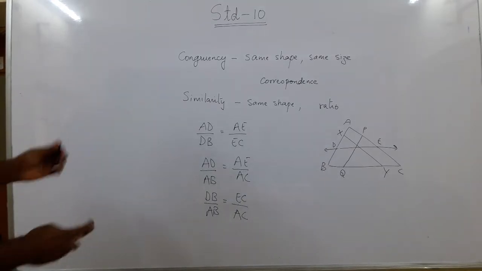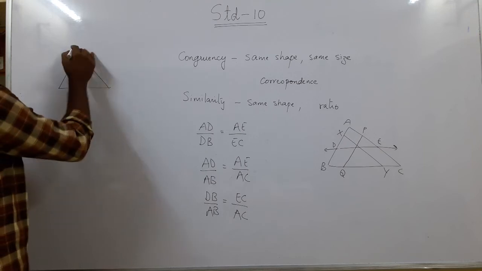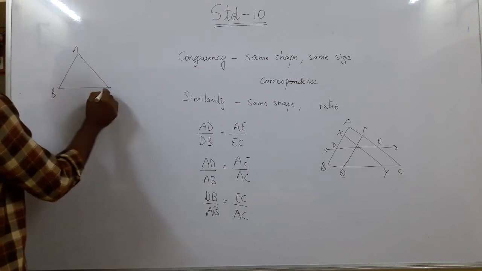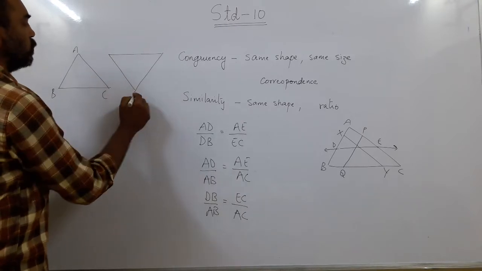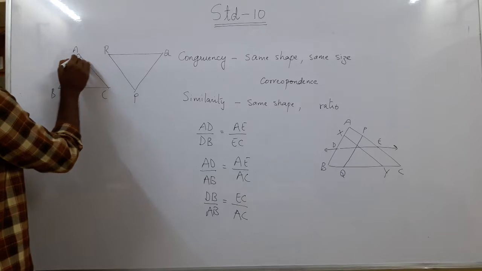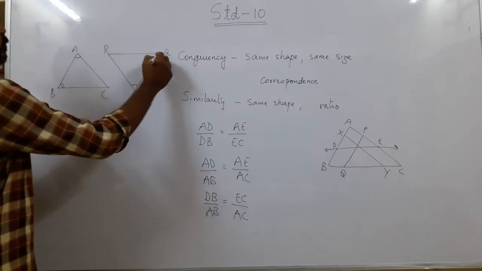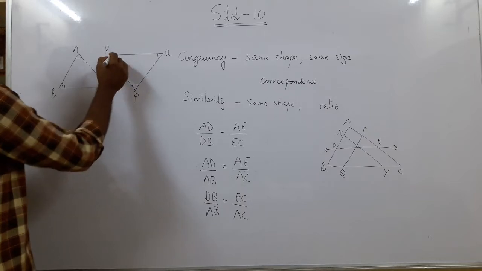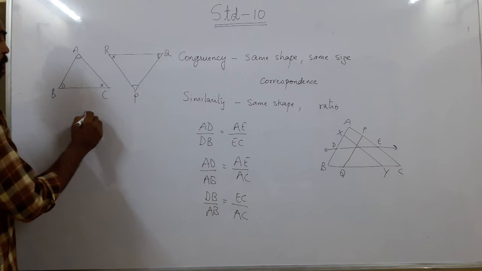Remember, when two triangles are congruent, say ABC is congruent to PQR, then angle A equals angle P, angle B equals angle Q, angle C equals angle R. Three corresponding angles have to be equal, and the sides also.